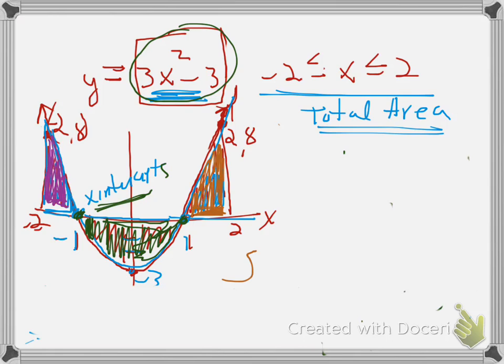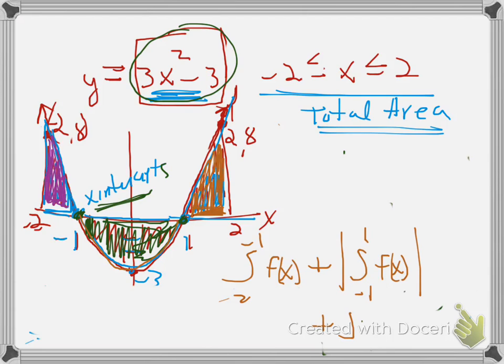So we would integrate from negative 2 to negative 1, using, say, that finite integral option on our calculator, of the function, plus the absolute value, because remember, of the integral from negative 1 to 1 of the function. And notice I'm throwing that in absolute values because that's the one that's below the x-axis. And then plus the integral from 1 to 2 of the function. And the function, of course, was 3x squared minus 3.